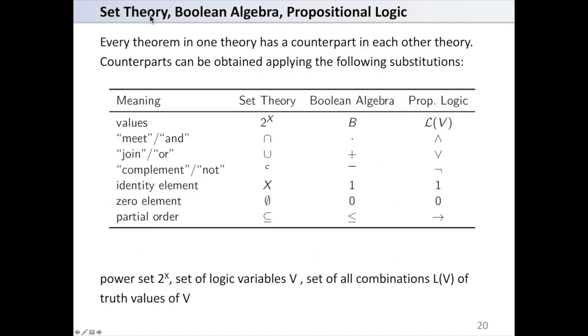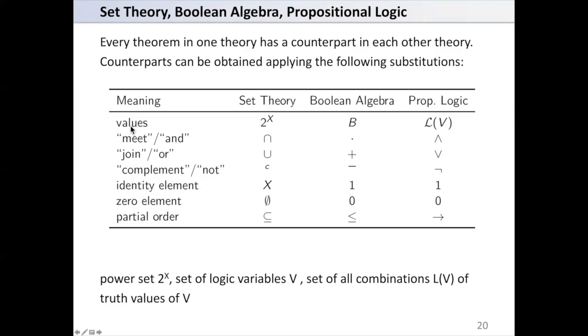If we consider set theory, Boolean algebra, and propositional logic, every theorem in one theory has a counterpart in each other theory. Counterparts can be obtained applying the following substitutions. Here the meaning is written, and the explanation, the corresponding part in set theory, in Boolean algebra, and propositional logic is given here.